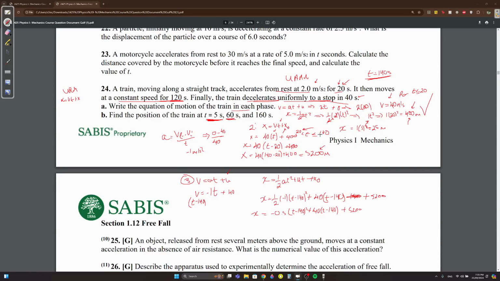In this case, 60 is in between 20 and 140. So we're going to use x equals 40t plus 400. So x equals 40 times 60 plus 400, which is 2,800, I think.